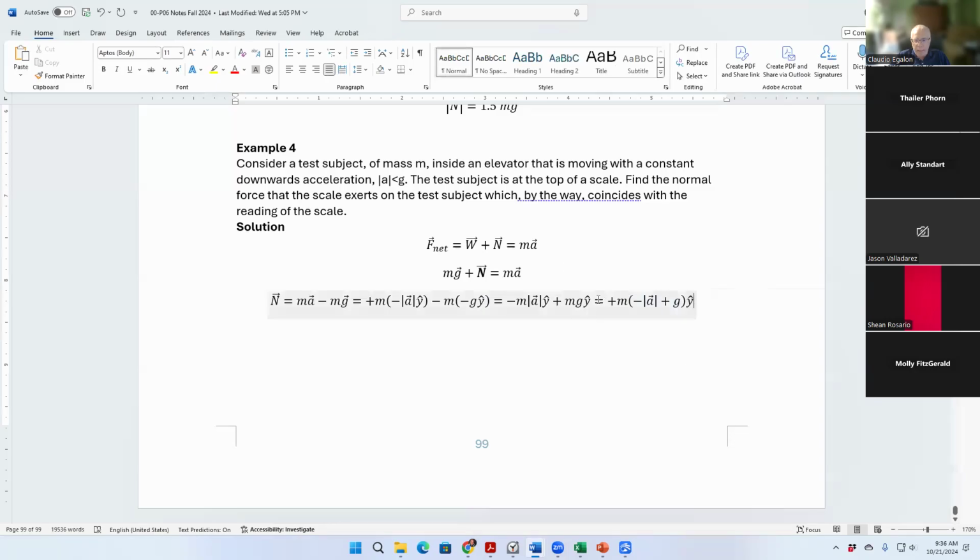To make it look nicer, I just commute the g with the a. Negative. Like that. You got the normal.